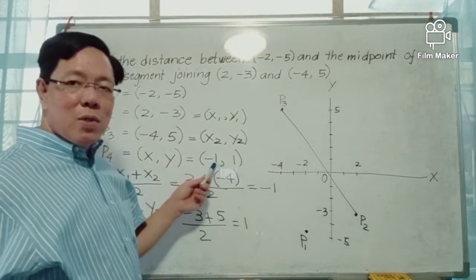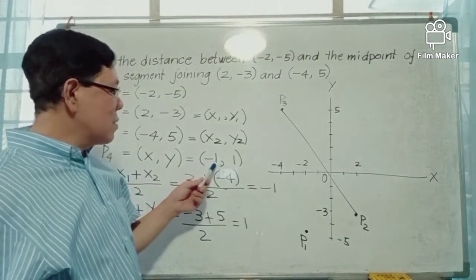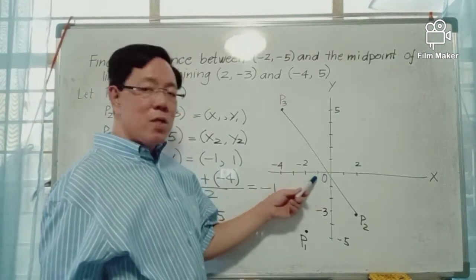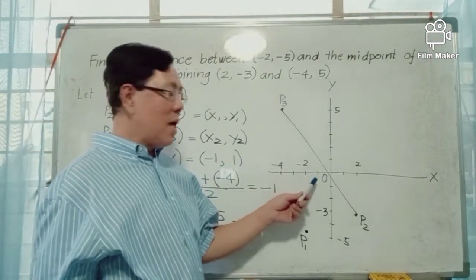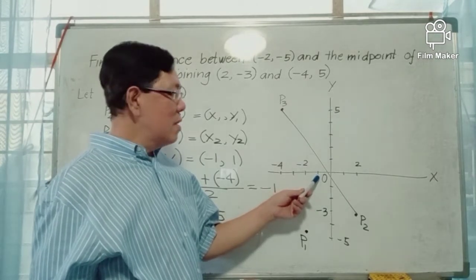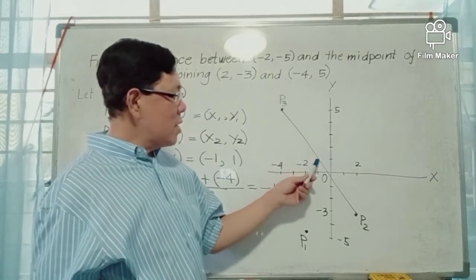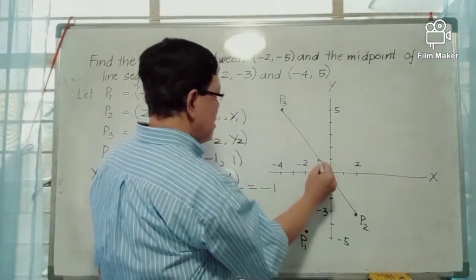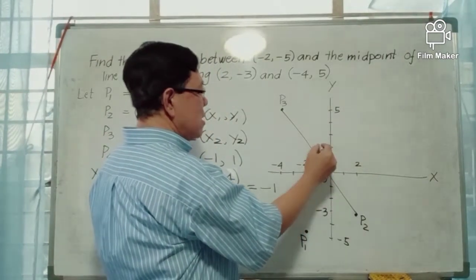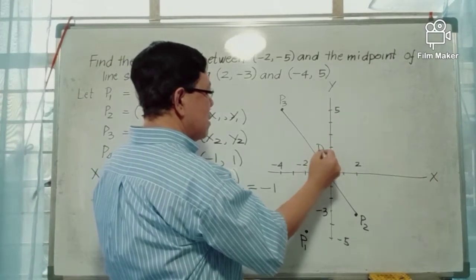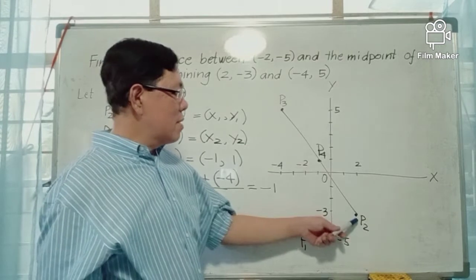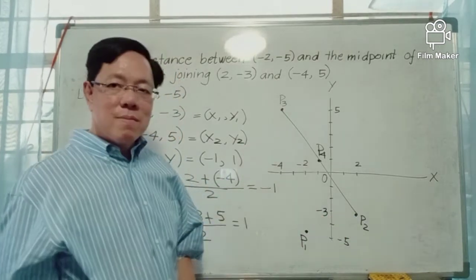You count 1 unit to the left, and from there you count 1 unit upward. From the origin, we count 1 unit to the left on the negative x-axis, which is -1. And from here, we count 1 unit upward, and we get this point. This point is on the line, and that is the point P4, the midpoint of the line segment.